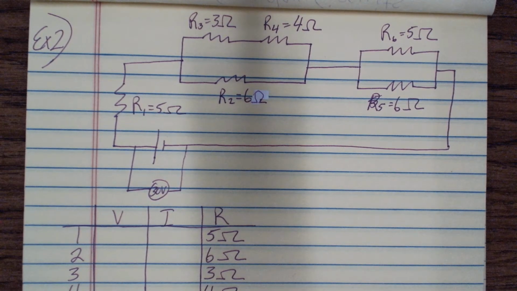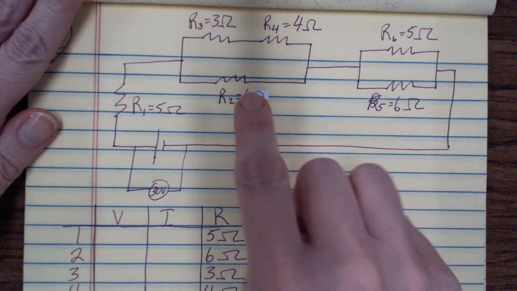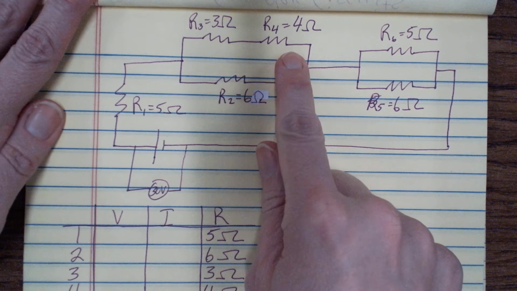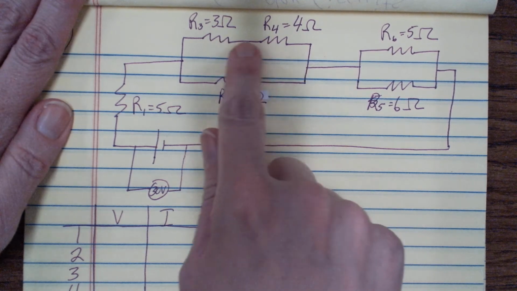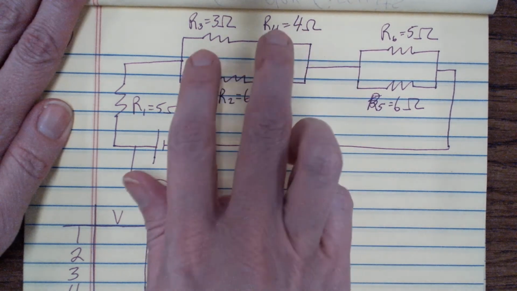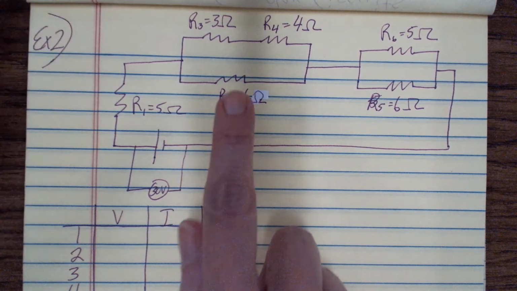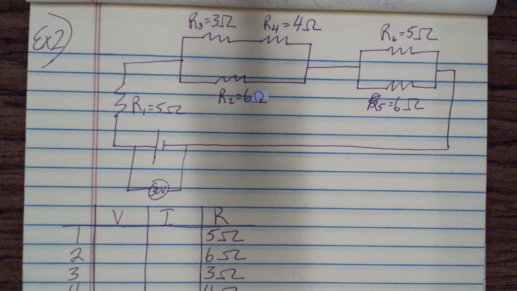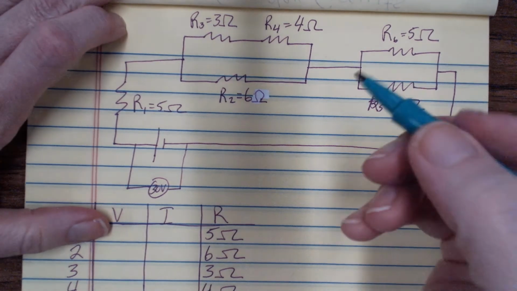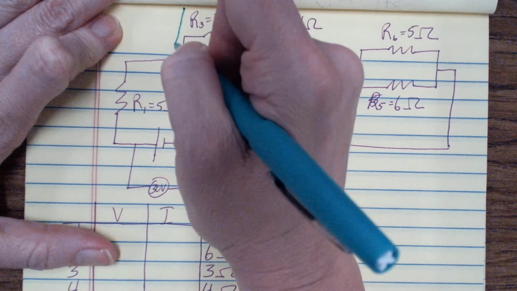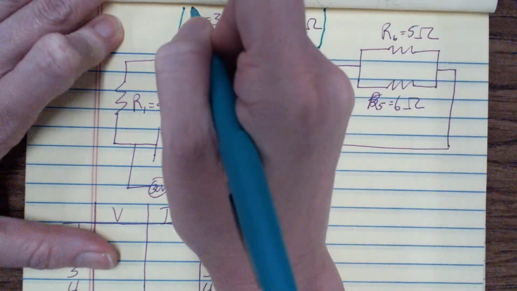So you have 2 resistors in series with each other, but then those as a combination are in parallel to resistor number 2. So I'm going to try different colors here. I'm going to put a green box around my series portion.